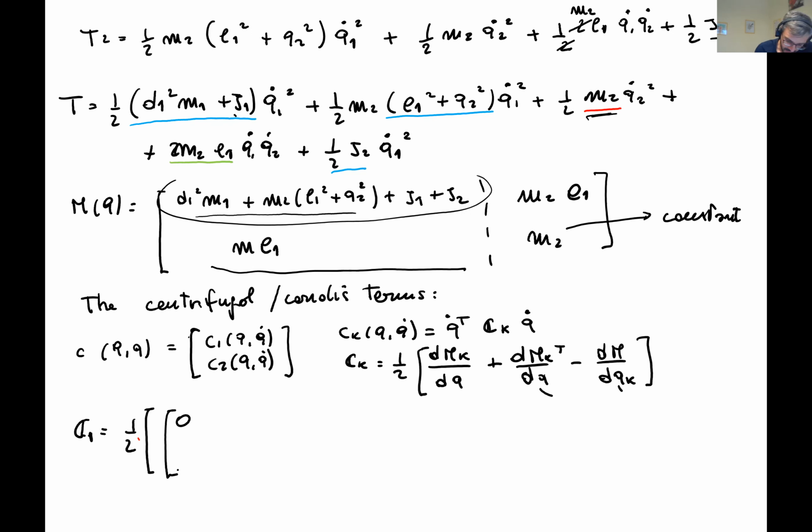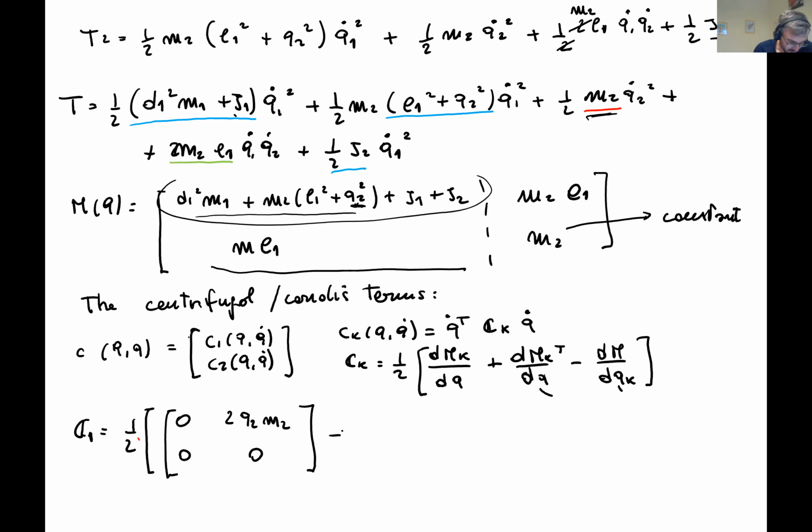Then we differentiate with respect to Q2, and we see that there is a dependency on Q2 in here, so we have 2 Q2 M2. The second terms are constant, so both their derivatives with respect to Q1 and Q2 are 0.